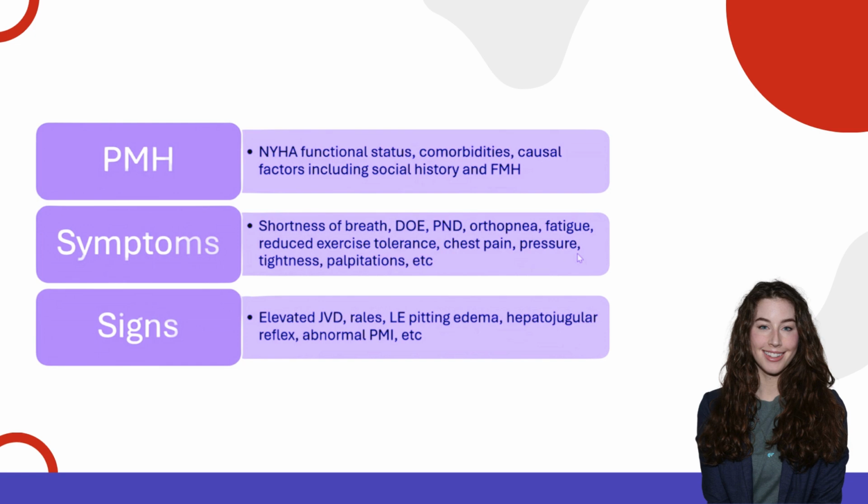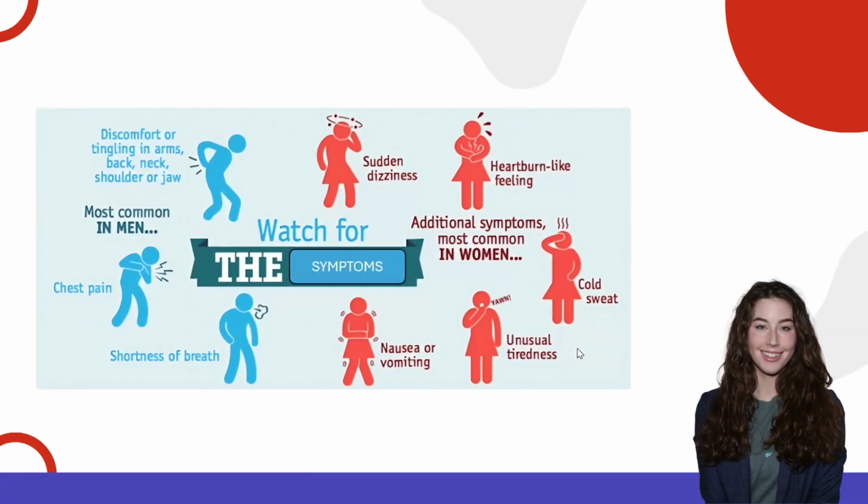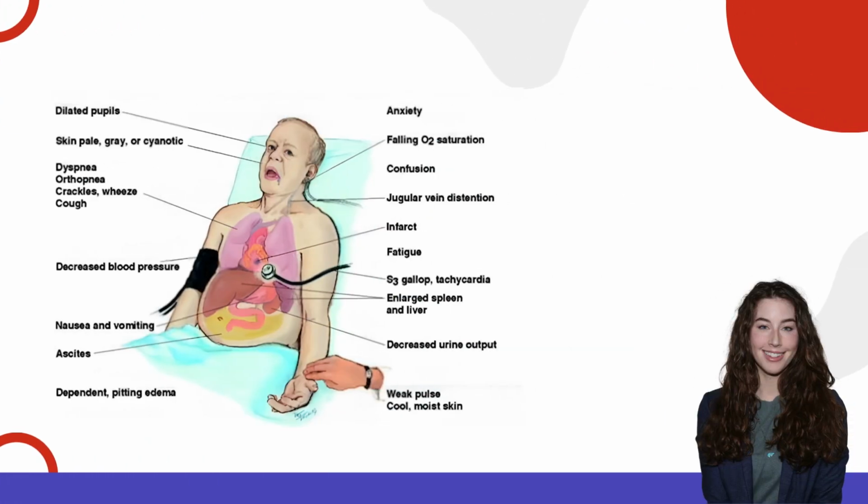So symptoms are what they complain of, signs are what you see. And so signs and symptoms are both from volume overload generally, and so for signs, you see elevated JVD, rales, pitting edema in the legs. You can have the hepatojugular reflex, abnormal PMI, etc.